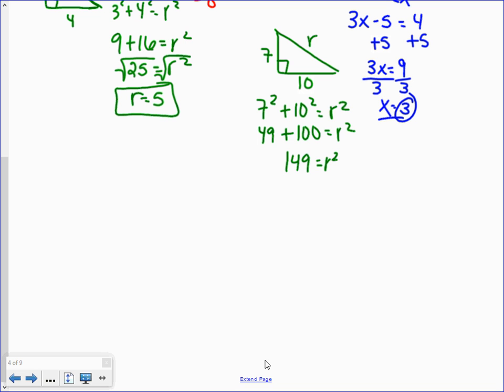Get out my calculator. We're going to go ahead and say decimals for now are fine. Square root of 149 is 12.2 approximately for your radius. If you want to leave it exact and break down the radical or leave it as radical 149, that's fine as well.